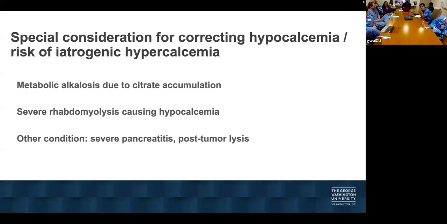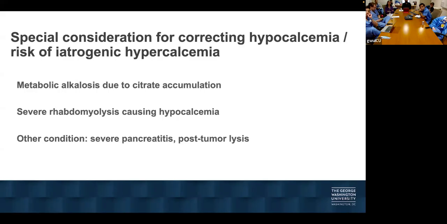A special consideration, it's not a big deal, but try not to be aggressive in replacing potassium and calcium in those situations. When this resolves, that calcium will go back to the body, and when your metabolic alkalosis resolves, the citrated calcium will unbind, and you'll have ionized calcium going higher. With rhabdo, after the first peak, or pancreatitis and post-tumor lysis, after the hypocalcemia phase you will start having the hypercalcemia phase.